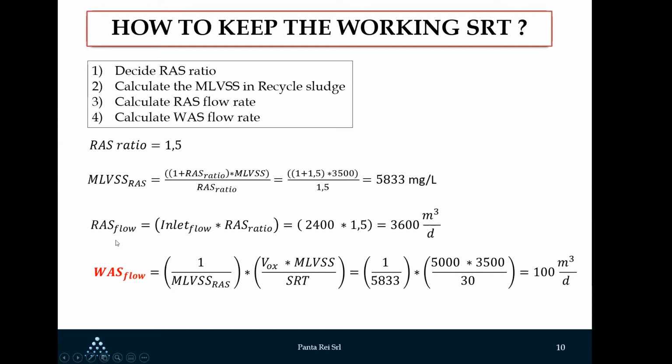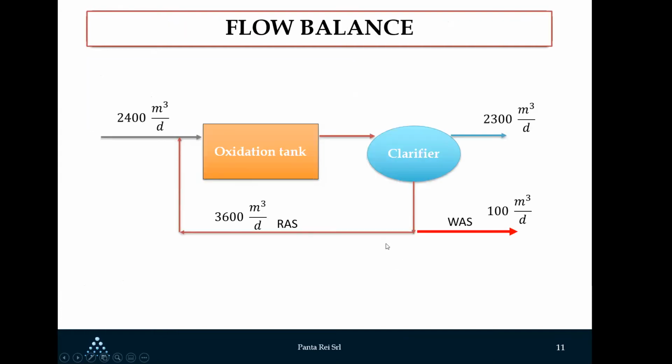With these results, we are able to make the flow balance of this flow diagram. We have all the information because we know the inlet flow, the recycled sludge flow, the waste activated sludge, and the treated water that goes out from the system.